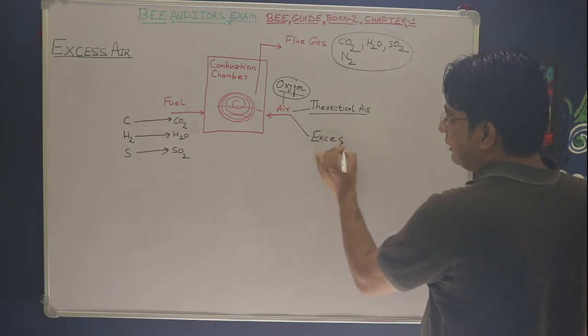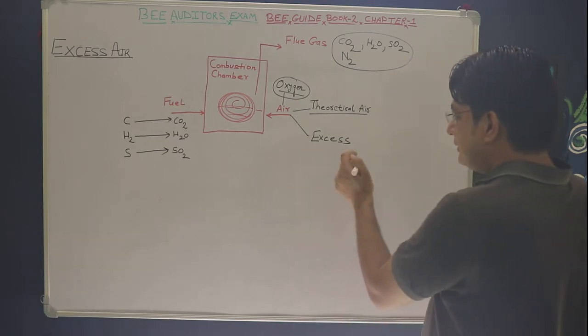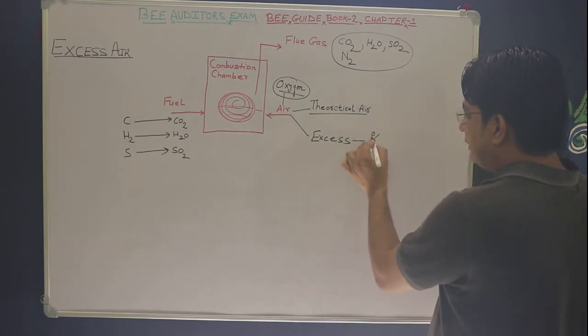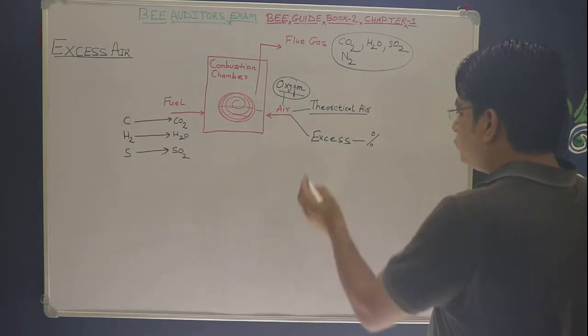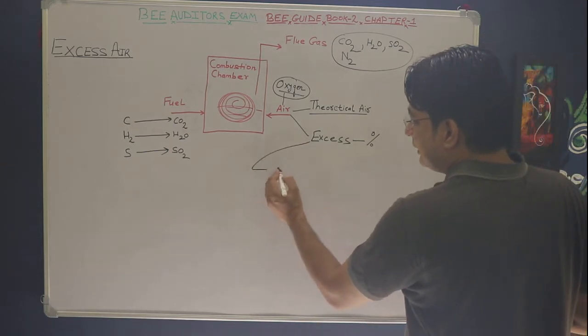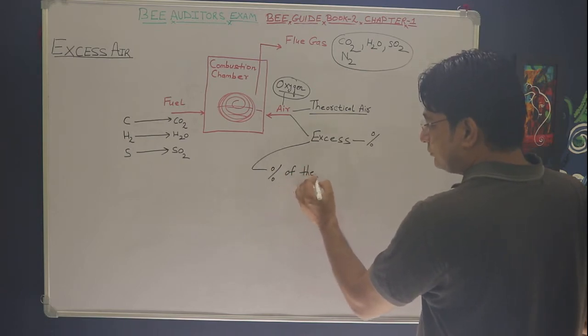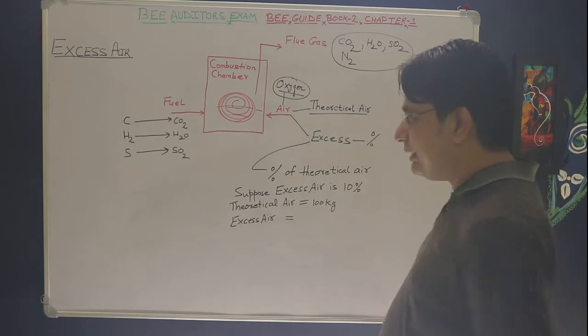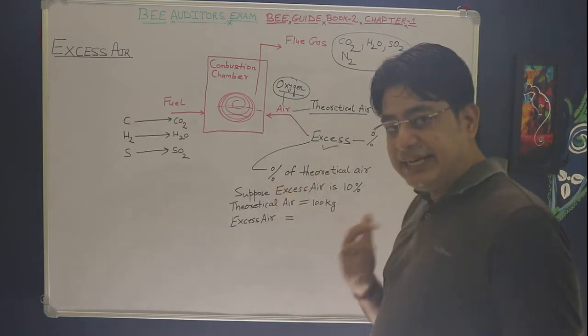Now one thing I have also told you, that this excess air is represented in terms of percentage. Now percentage of what? Excess air is represented in terms of percentage of theoretical air. Now it is very clear that excess air is defined as a percentage of theoretical air.